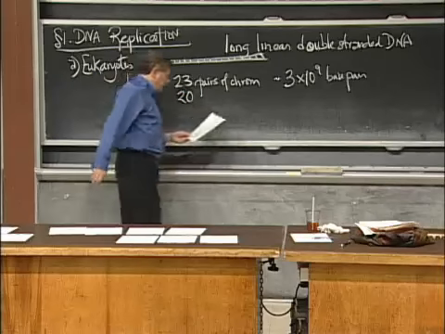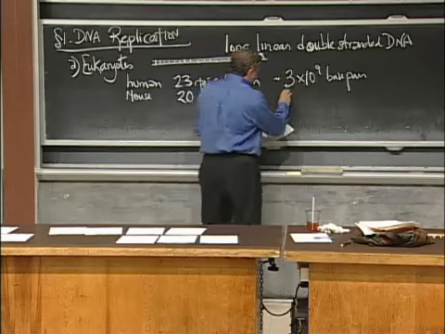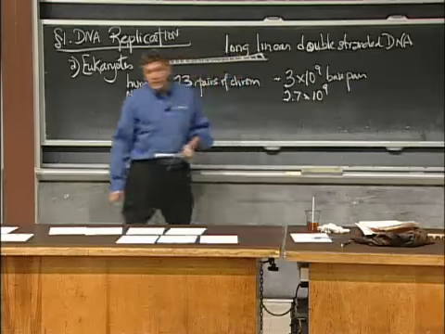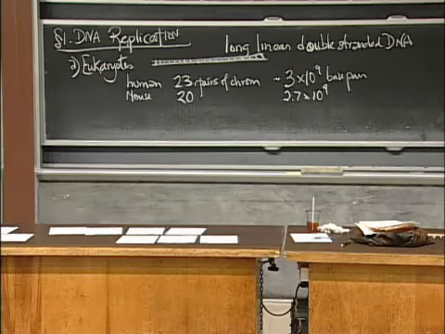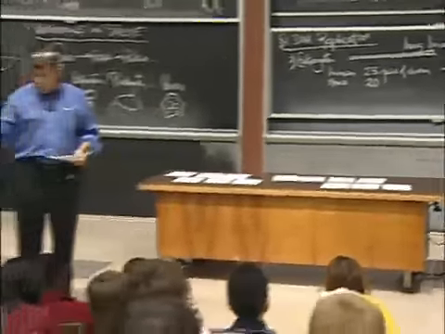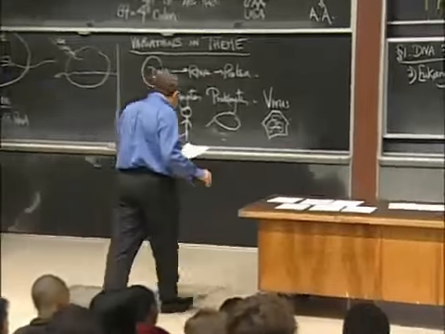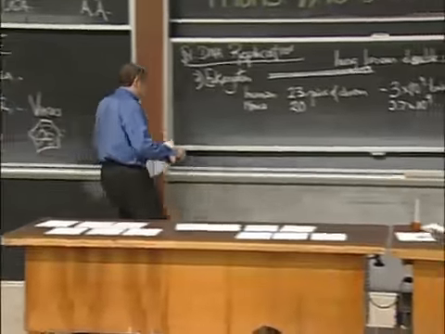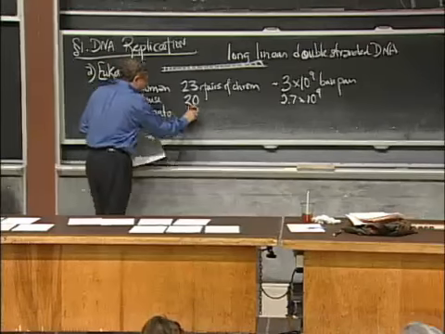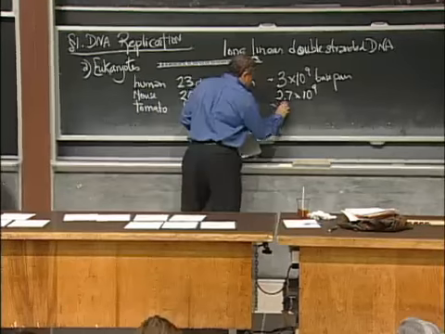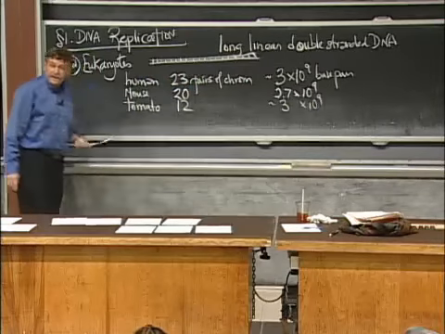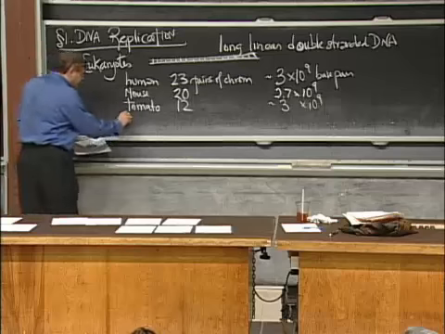Mouse, 20 pairs of chromosomes, and it's something like 2.7 times 10 to the 9th bases. The dog's about 2.5, the elephant's about 3.3. Essentially, all mammals are about 3 times 10 to the 9th. Tomatoes, 12 chromosomes. They're also in the neighborhood of 3 times 10 to the 9th. You don't have more DNA than a tomato, for example.